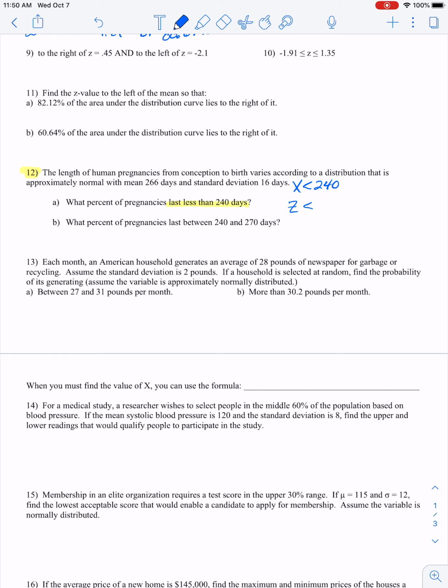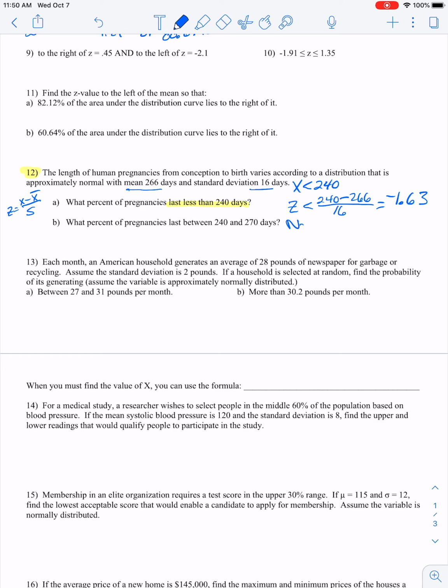So we'll say z is less than, and if you remember z, x minus x bar over s, so we'll do 240 minus the mean of 266 all over the deviation, which is 16, and we want that rounded to 2 decimal places for z. So I have z less than negative 1.63.